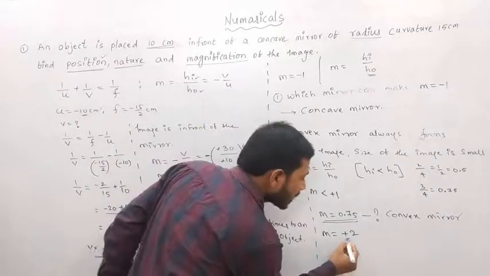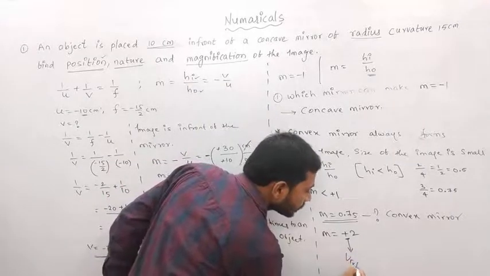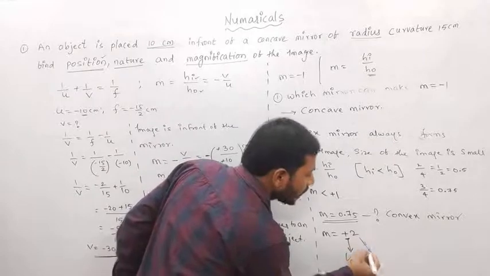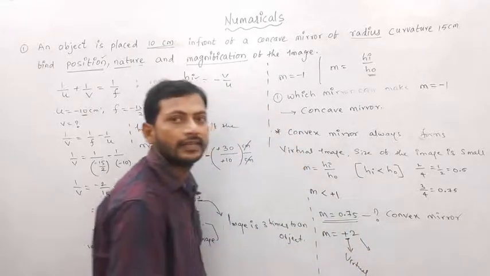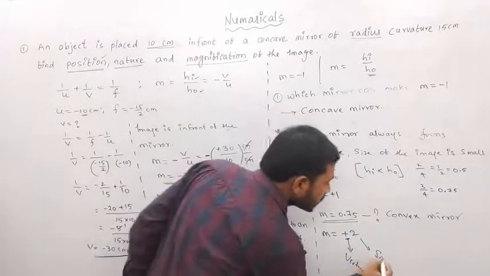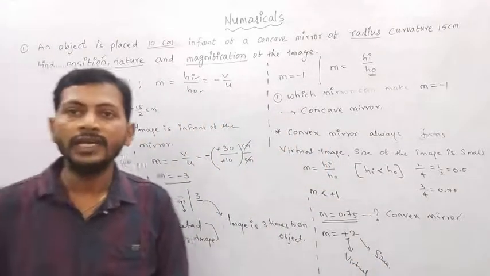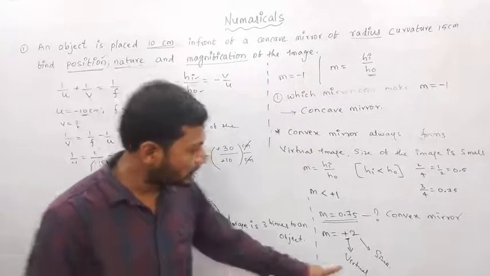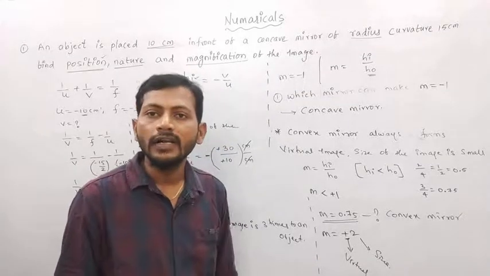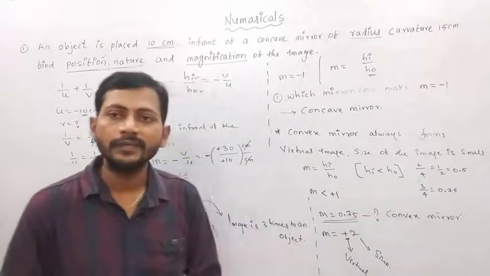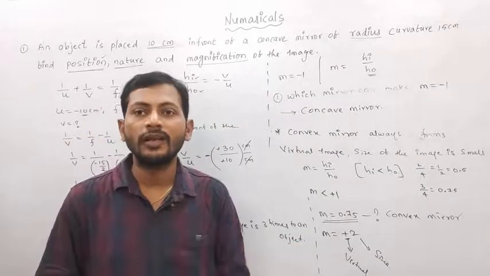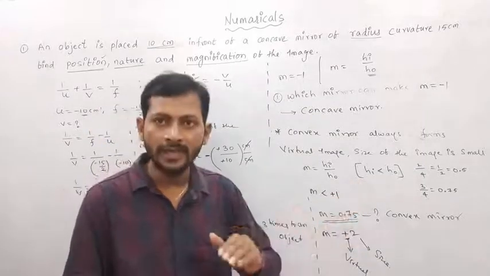M plus means our image is virtual. And 2 is the size. Size of the image is double the object. Second thing is virtual image. Then it is not possible by convex mirror. Convex mirror always gives the small image.